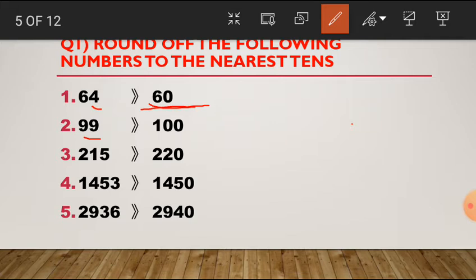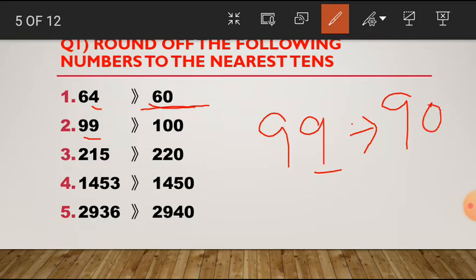So 99 will become 90, and after that add 1 to the tens place number. So 9 plus 1 is 10, and then I will get the answer 100. Clear, children?